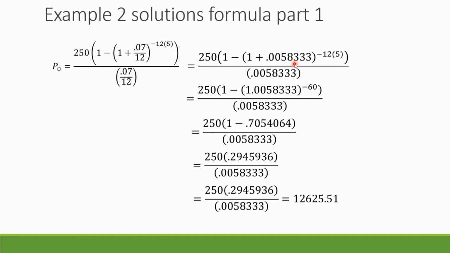Now for order of operations, we work from the inside out. So we add, and that's what we get down here. I also carried out this product, negative 12 times 5, that's negative 60. We added as well.